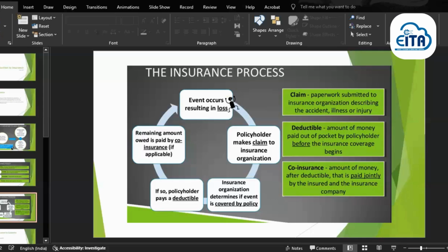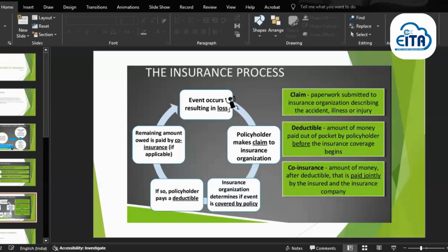Now, of course, insurance company will determine whether that theft coverage is there in the policy or not. If it is there in the policy, then they will provide the insurance for that. But if it is not there, they will clearly say, okay, this coverage you have not taken, we are not going to pay you for that. Right? If it is there, then policyholder will pay a small fee, which is used to be called as deductible.